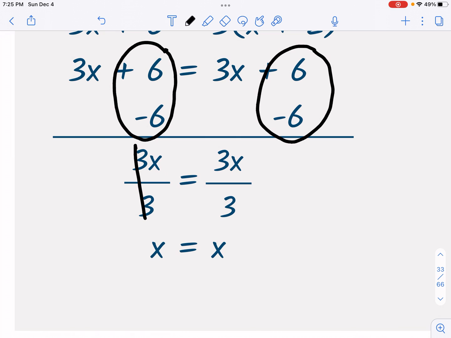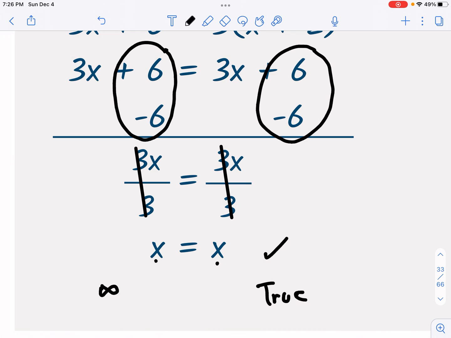Dividing this by 3, that would be 1x or just x. And this would also be 1x or just another x. Now, typically, when you solve it algebraically, if you ever have a true statement where the left side is exactly the same as the right side, you're actually done with the problem, right? Because it's a true statement that tells you that it's infinitely many solutions. We'll just put the infinity sign.